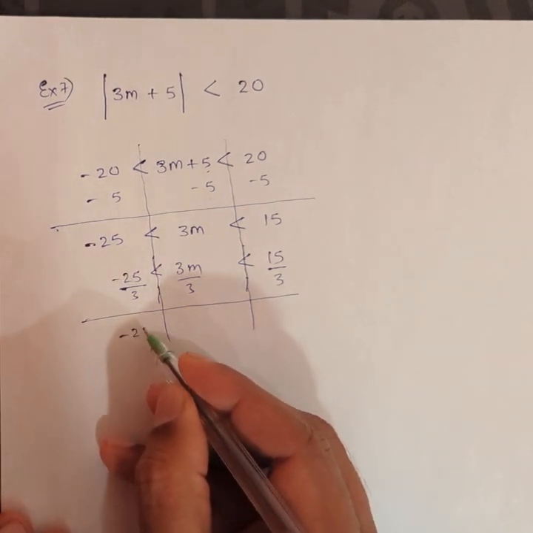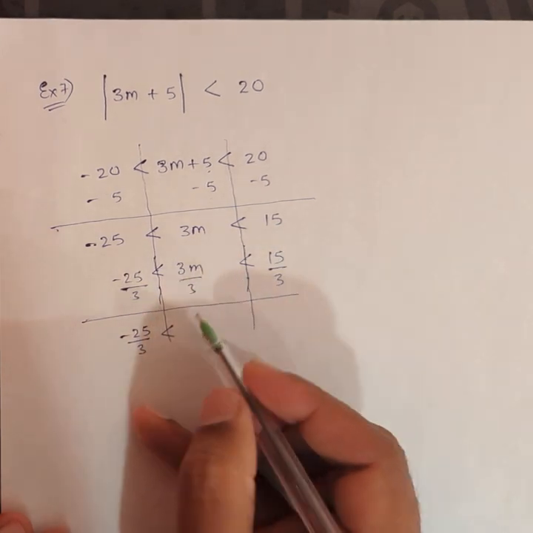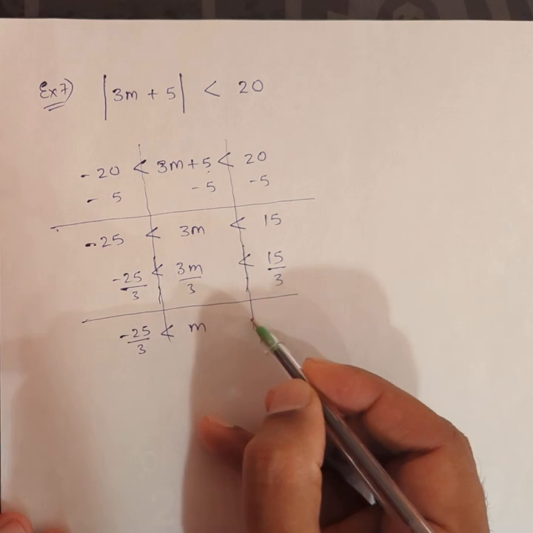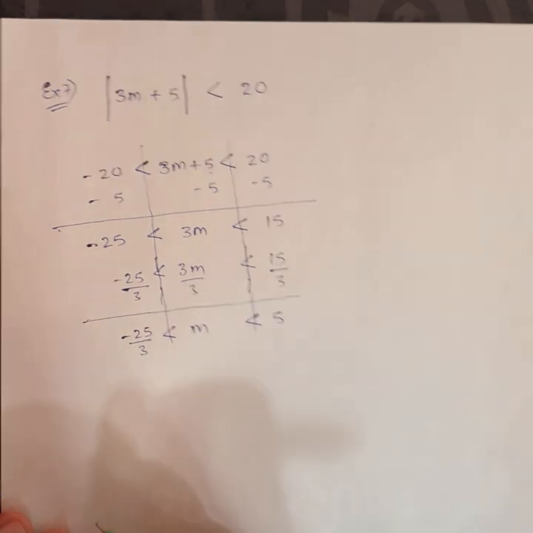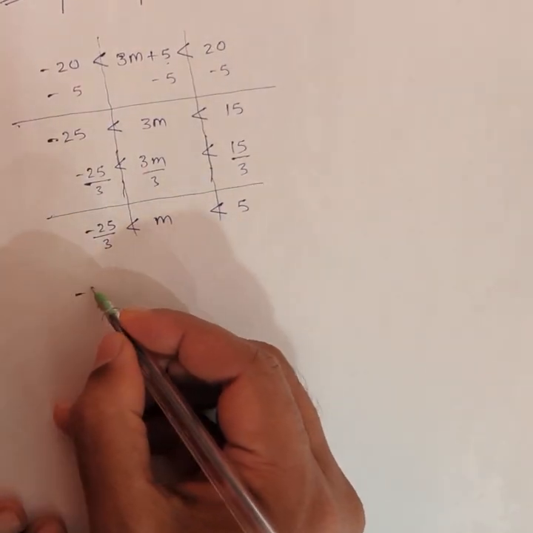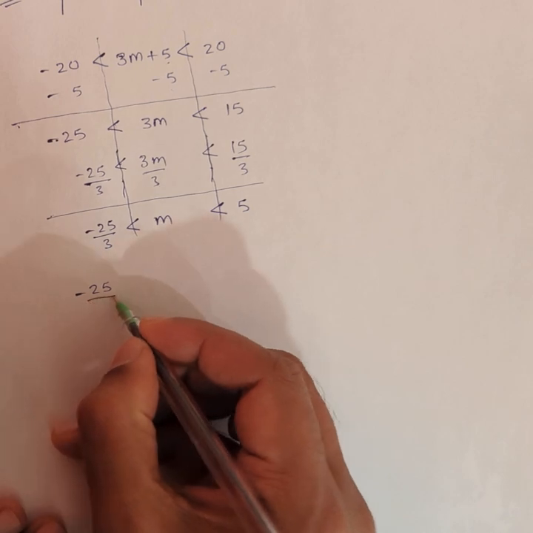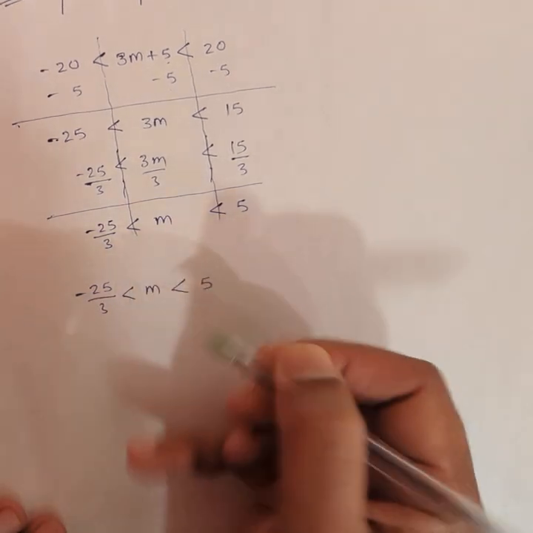So I'm going to leave it at negative 25 over 3. Here 3 and 3 cancel each other out. M, and this is less than 15 divided by 3 is 5. So there is my answer. What's the answer? The answer is negative 25 over 3 is less than m less than 5.